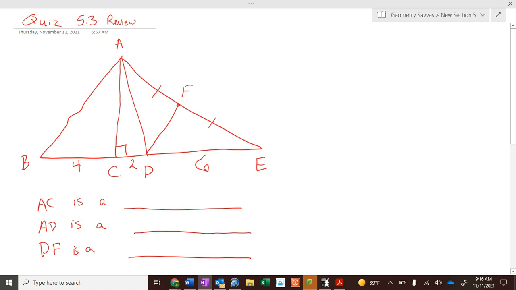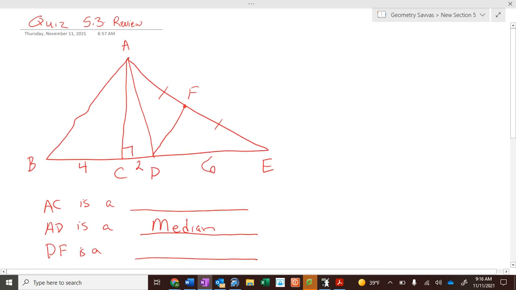Which one is the median out of AC, AD, or DF? AD is the median. Because it goes from the vertex A to the midpoint of the opposite side D, because 6 on this side and 6 on this side makes it the midpoint.